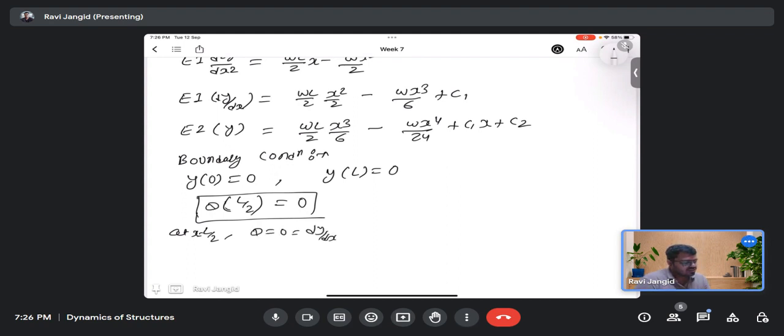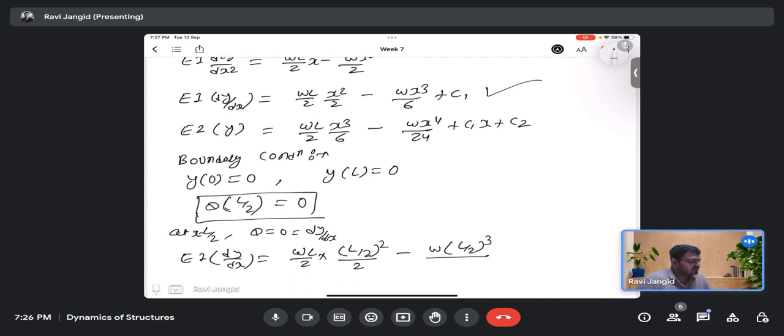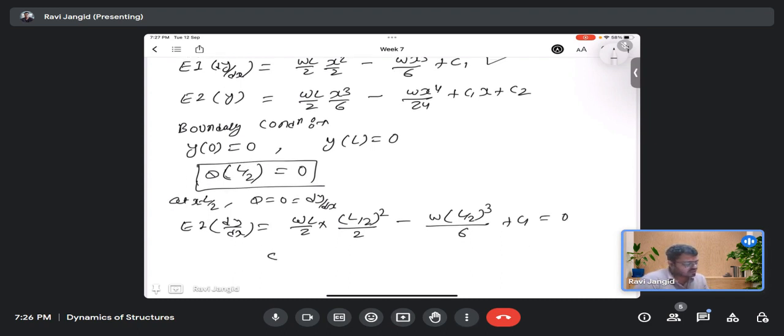So if I apply for this one, EI dy over dx is equal to wL by 2 into (L by 2) square by 2 minus w into (L by 2) cube divided by 6 plus C1 is equal to 0. So from this, I will get C1 as minus wL cube by 24.